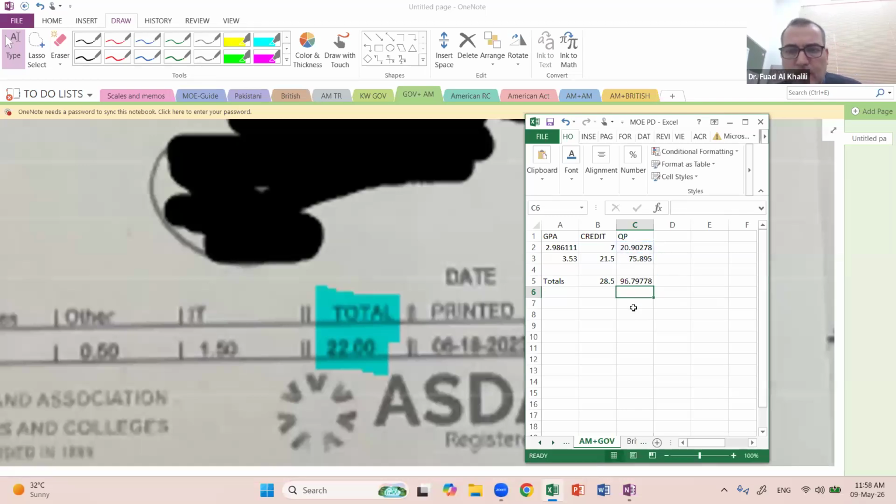These are the totals: total credit, total quality point. And cumulative GPA is a very easy, straightforward operation. You just take this number, which is total quality point, divided by total credit. It's 3.396.